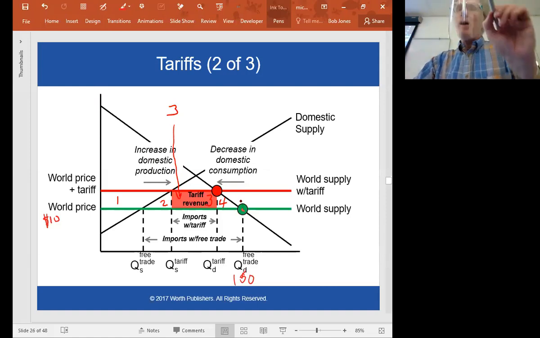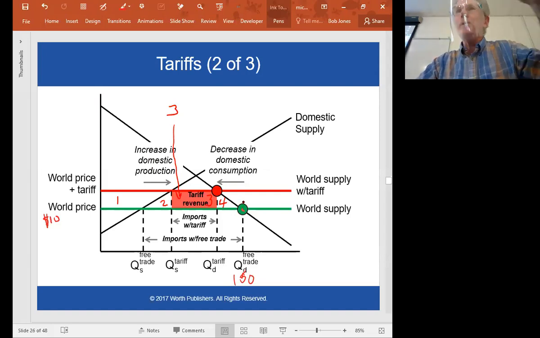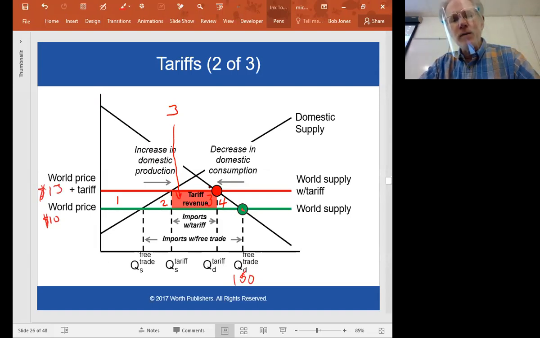When we impose the tariff, consumer surplus is still the area under the demand curve and above the price line. But now this is the relevant price line. Okay? So it is the area below the demand curve, but above the red line. Before the tariff, it included all of this.